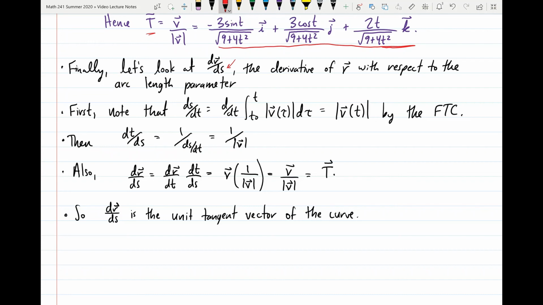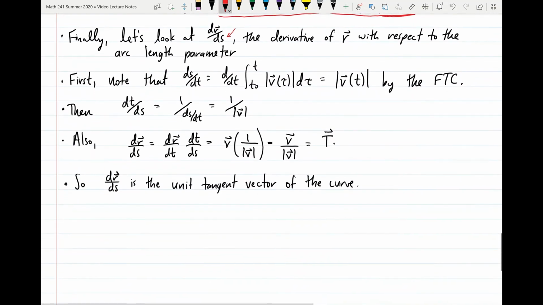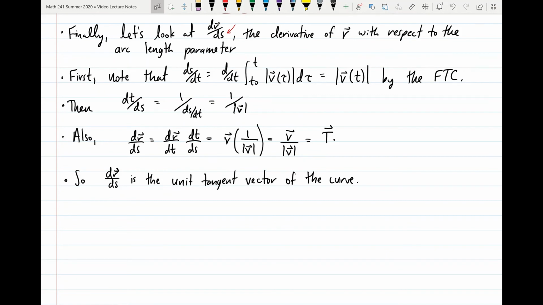First, we want to note that the derivative of s with respect to t is equal to the derivative with respect to t of the integral from t naught to t of the magnitude of the velocity, and that is going to equal the magnitude of the velocity at t by the fundamental theorem of calculus, which we talked about, I think, in section 13.2.